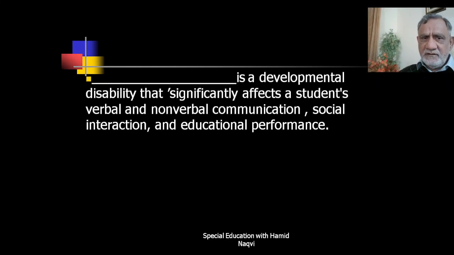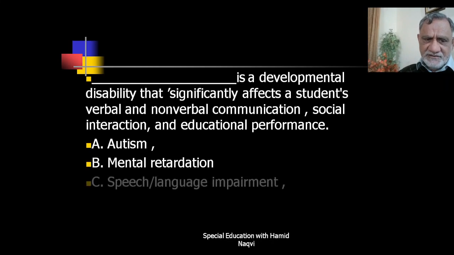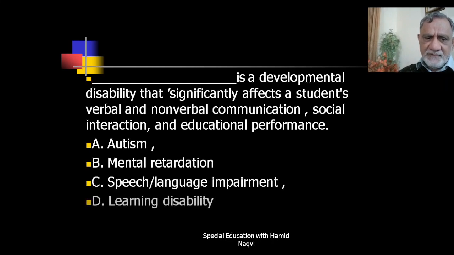Then, which is a developmental disability that significantly affects a student's verbal and non-verbal communication, social interaction, and educational performance? Autism, mental retardation, speech language impairment, and learning disability. The correct answer is autism.